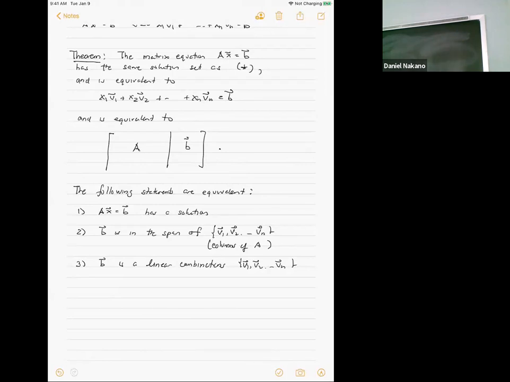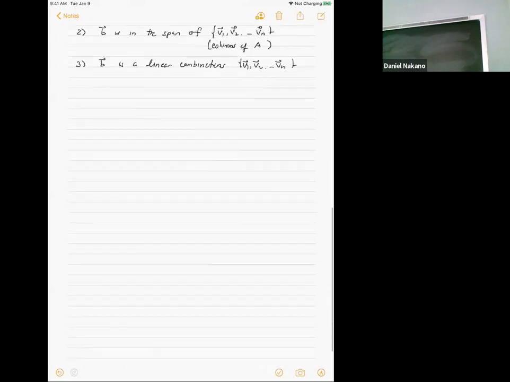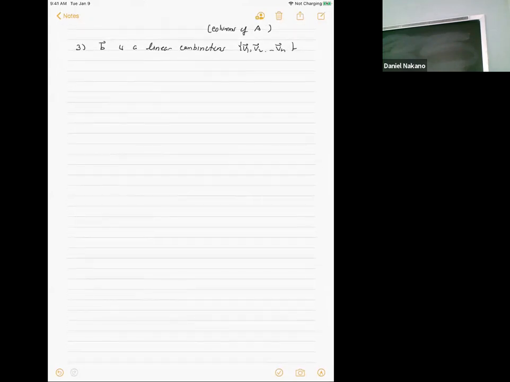All right. So let's do some actual exercises. Let's do some examples. Okay, so first example.